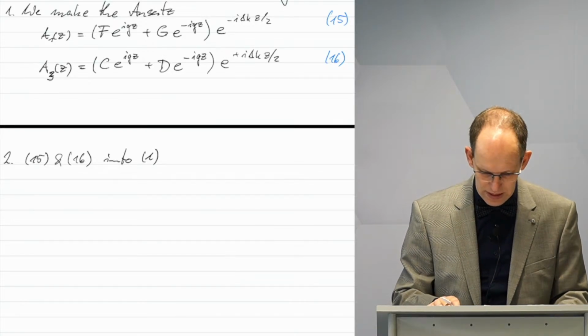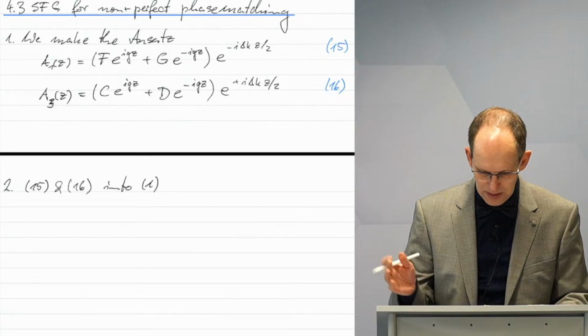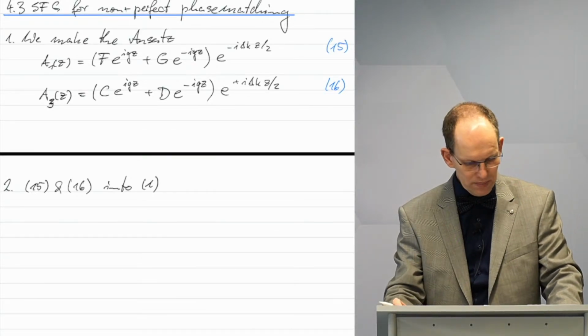And we have to use the product rule, of course, because we have the derivative of A1.